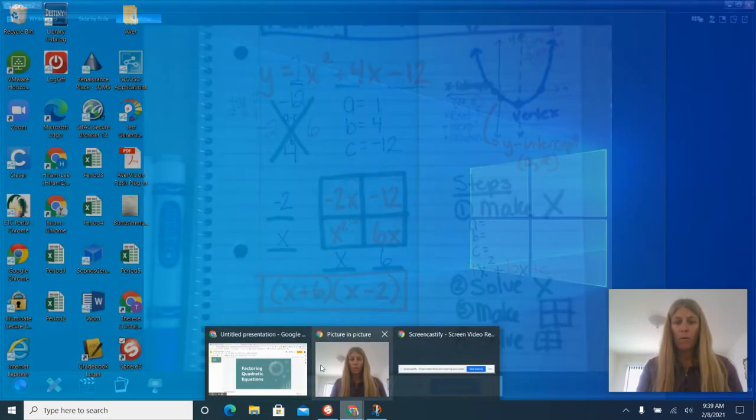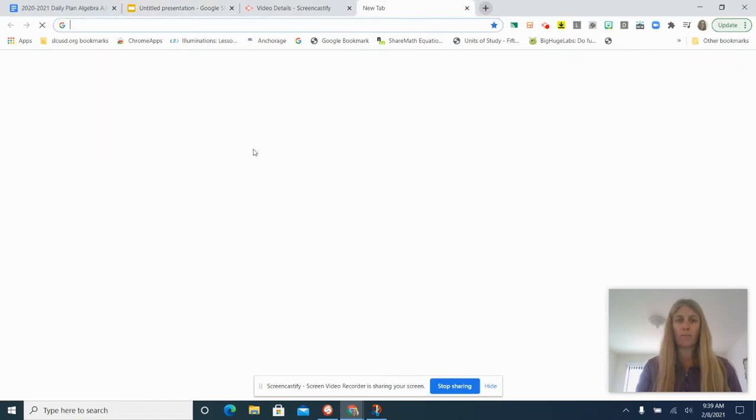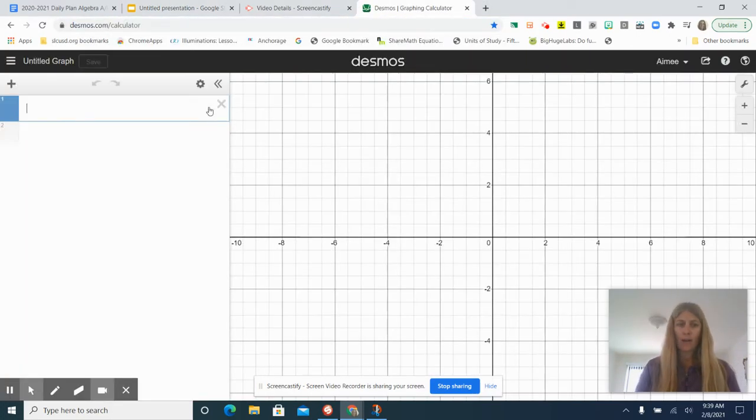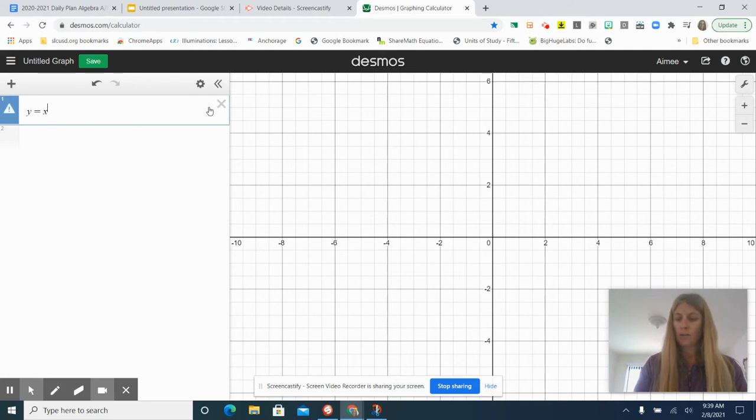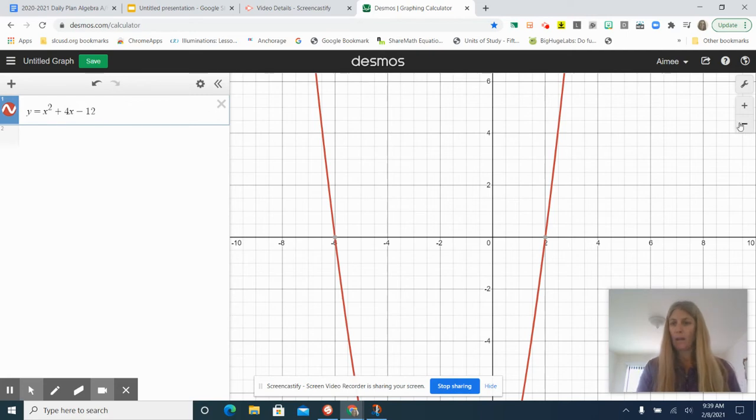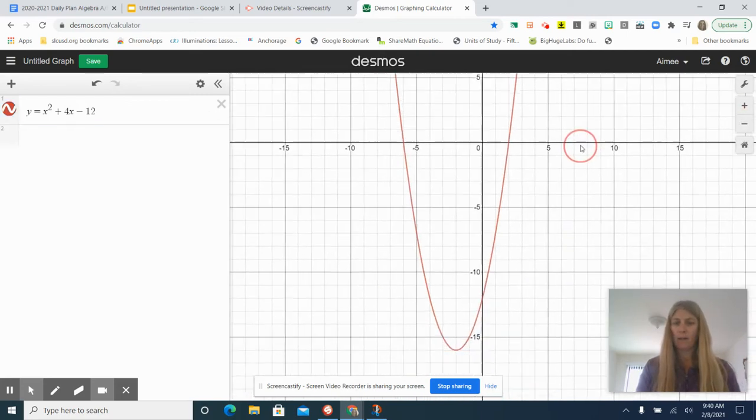We're taking our original problem and moving it into this format. Now, we want to double check that work in Desmos. The way we do that is we type in our original problem, y equals x squared plus 4x minus 12, and we see we have our parabola here.